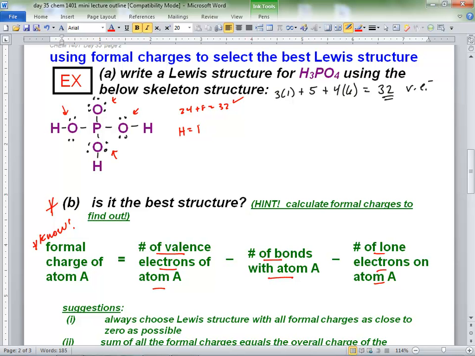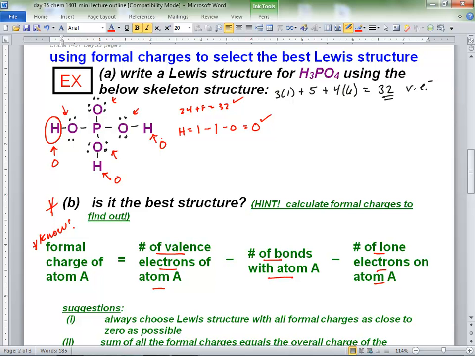And how many bonds, Lauren, does let's just look at this H right here. How many bonds does it have with it? Just 1. And how many lone electrons are around that, Monica? 0. So valence minus bonds minus lone electrons. So I get 0. Awesome. And all of these hydrogens are the same, right? So I can just write 0 on all of them.